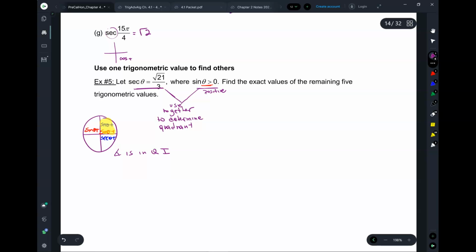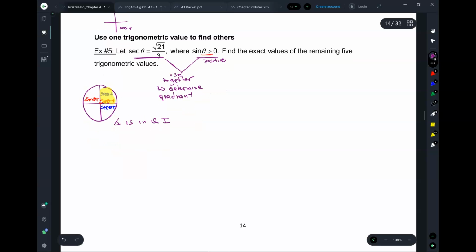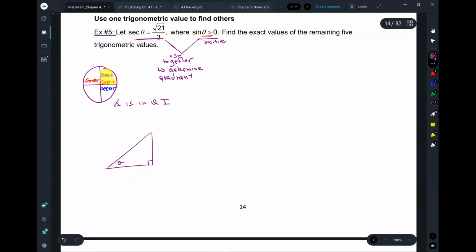Now we need to figure out the other stuff, and we do that like we did in the quiz. Remember in the quiz, we first had to draw a right triangle. Now secant is root 21 over 3. That means the hypotenuse is root 21, and this is 3.